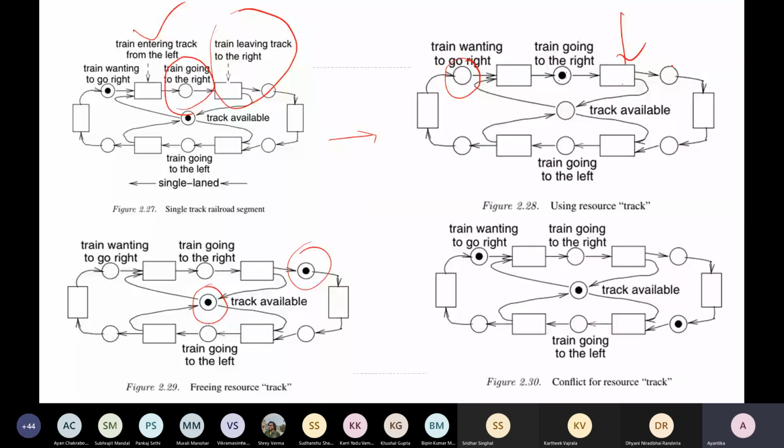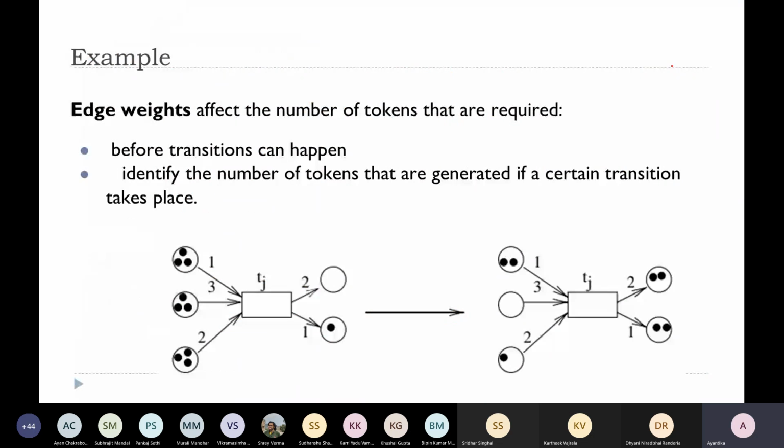But in a place transition net, multiple tokens are possible.